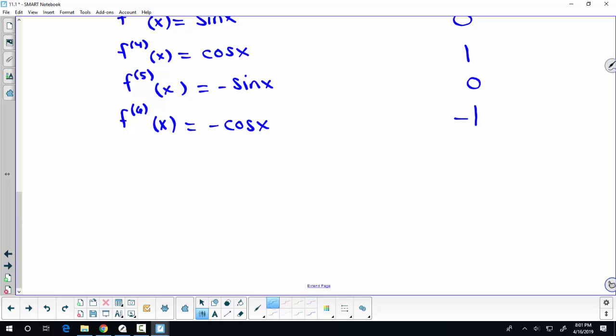All right, so our 6th order Taylor polynomial. And remember, this is approximating cosine of x. So cosine x is approximately the sixth order Taylor polynomial near zero.